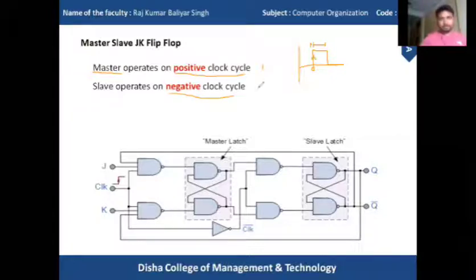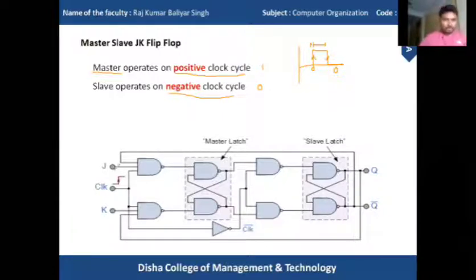When the clock becomes high, obviously it then comes down, and it maintains some delta t time where the clock value is 0. That is called the negative clock cycle, when the clock is 0, and the positive clock cycle is when the clock is 1.